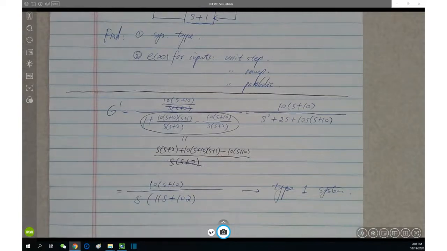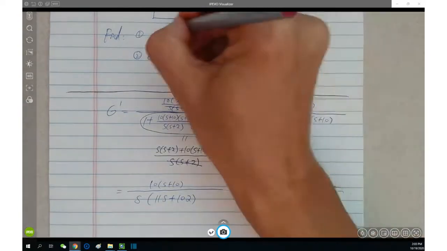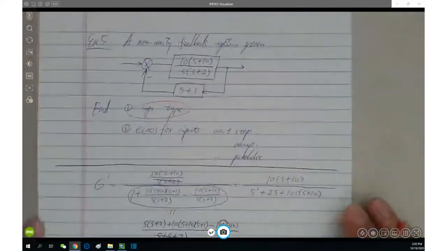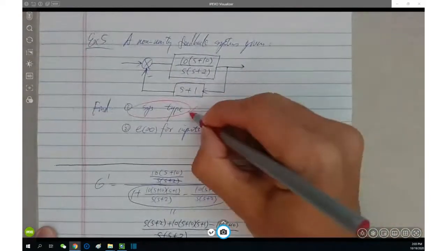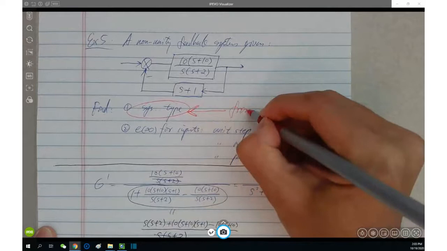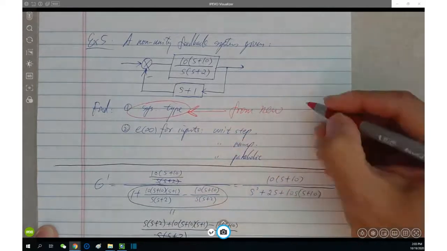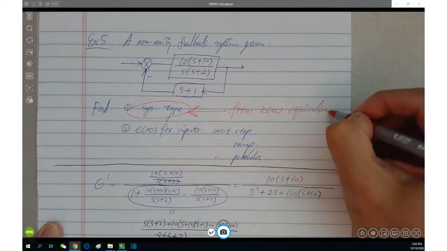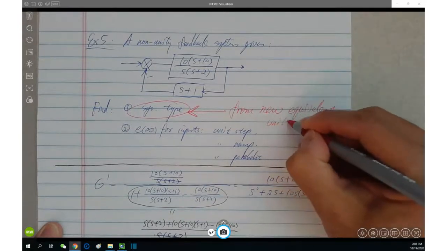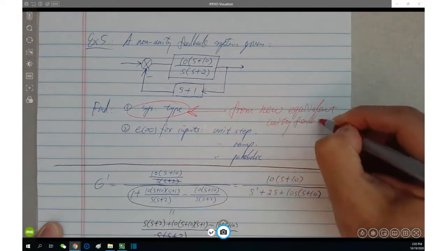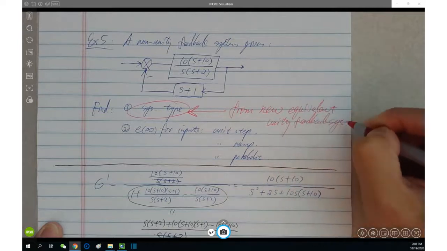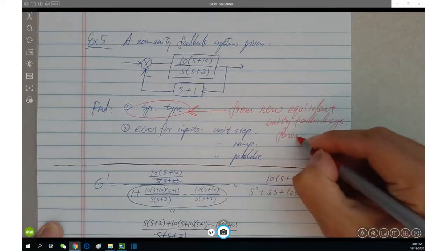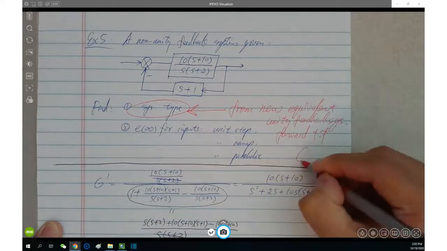So the key is what? The system type here, always remember, is from the new equivalent unity feedback system forward transfer function, G prime.